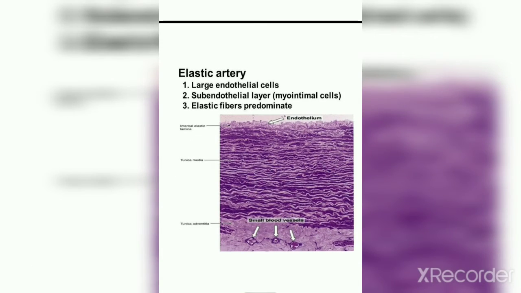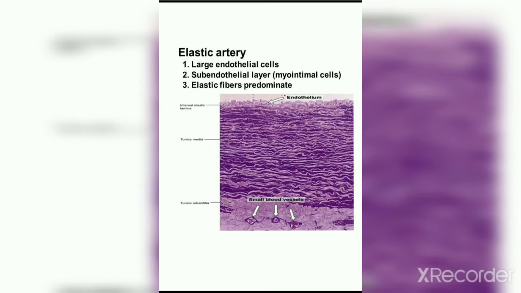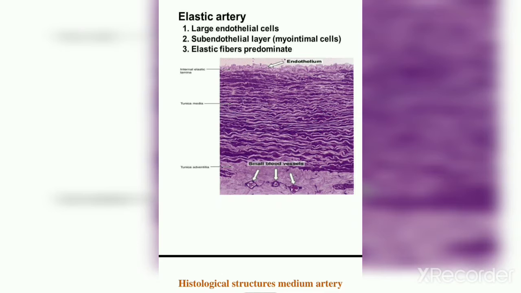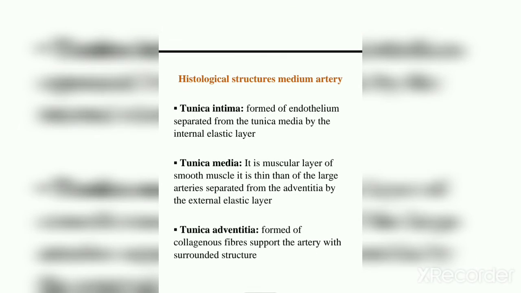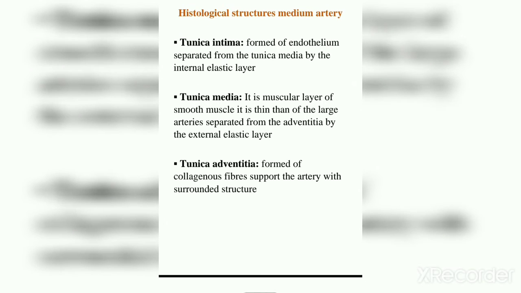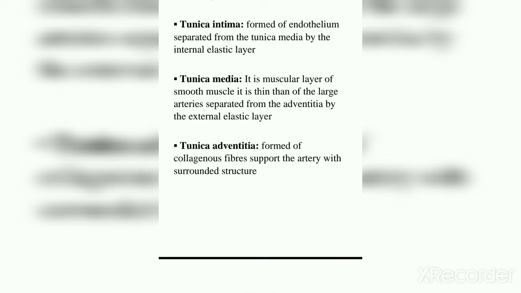In an elastic artery, the endothelial cells are large, and the subendothelial layer contains myoendothelial cells; elastic fibers are predominant. Histological structure of the medium artery: the tunica intima is formed of endothelium separated from the tunica media by the internal elastic layer.